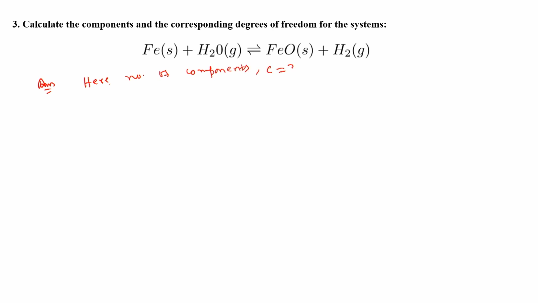C is 3, like before. Two solid phases, Fe and FeO, and the number of phases is also 3 here, because two solids plus one gas.